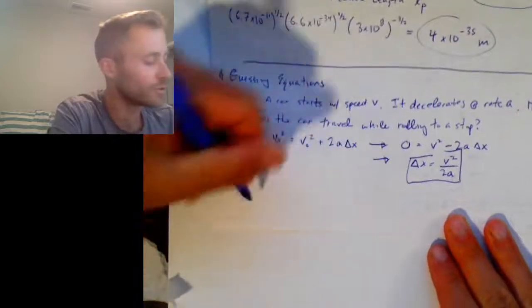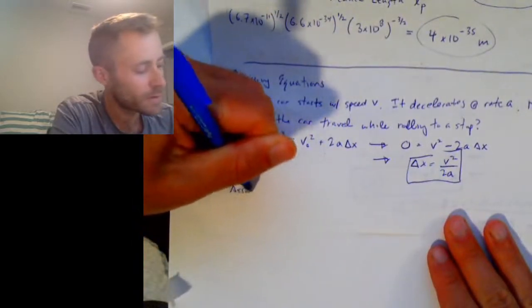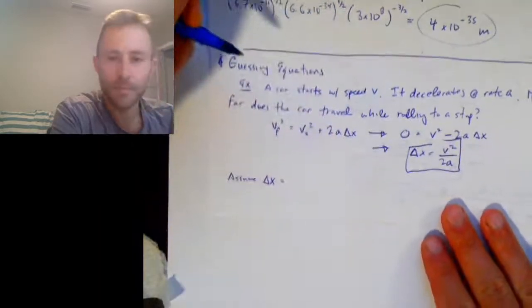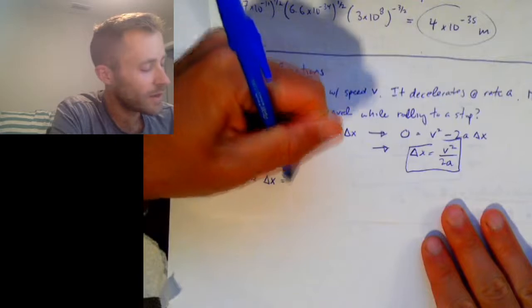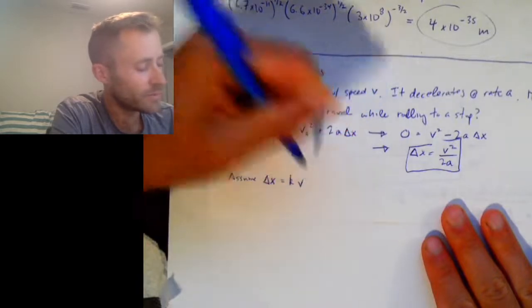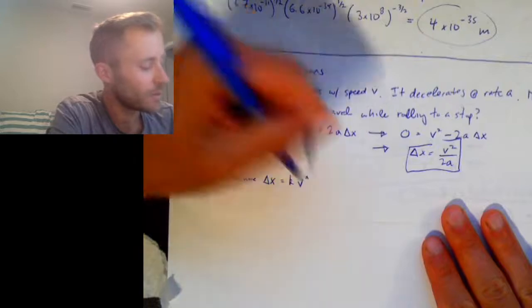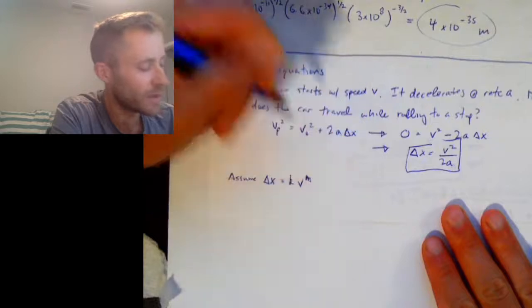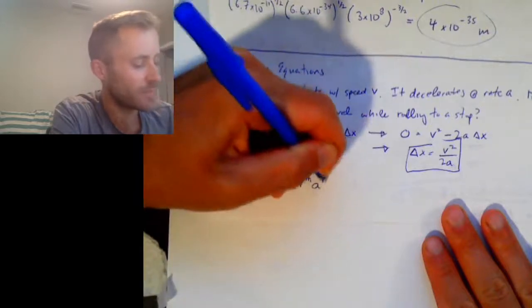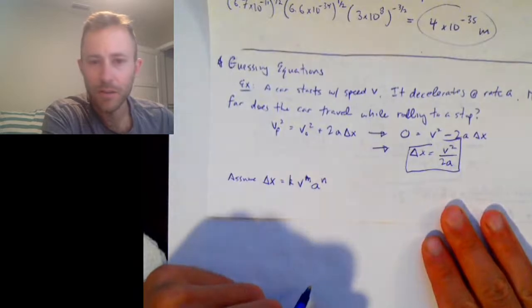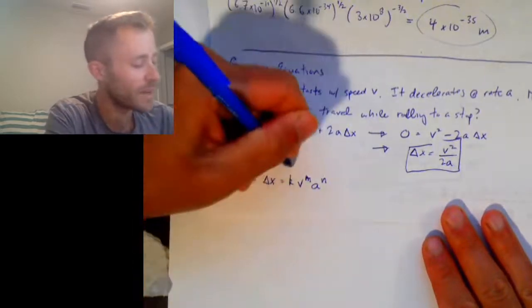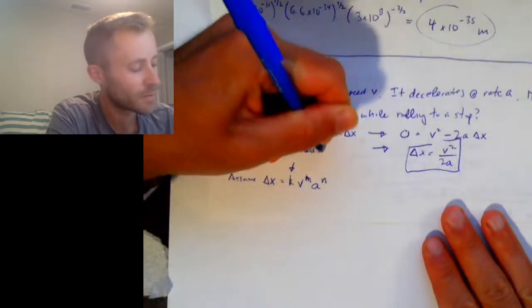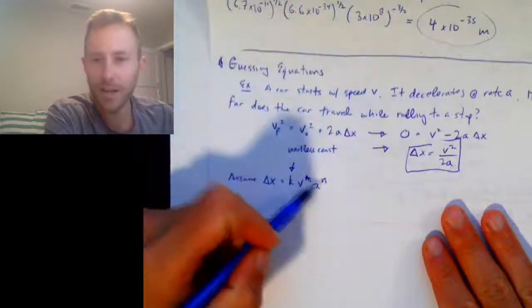So let's assume that delta x has the form k times v to the m, times a to the n, where k is some unitless constant, and m and n are powers.